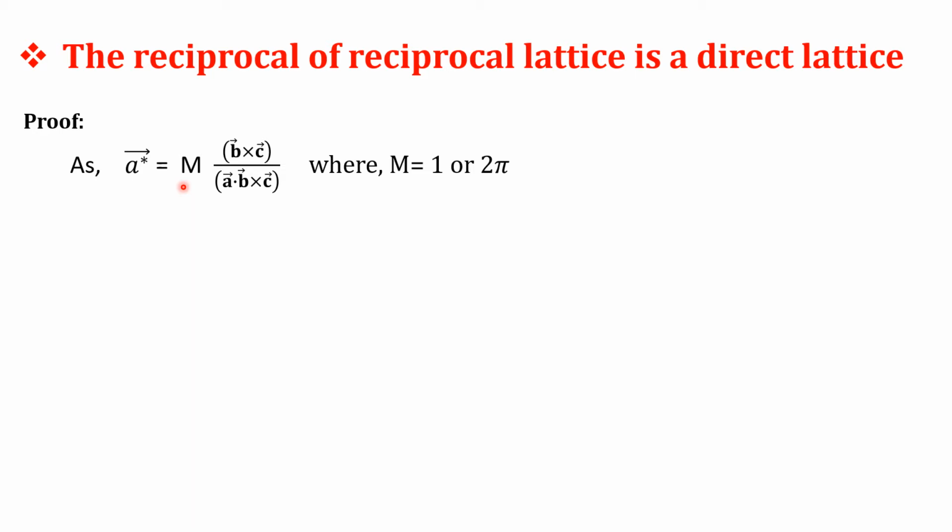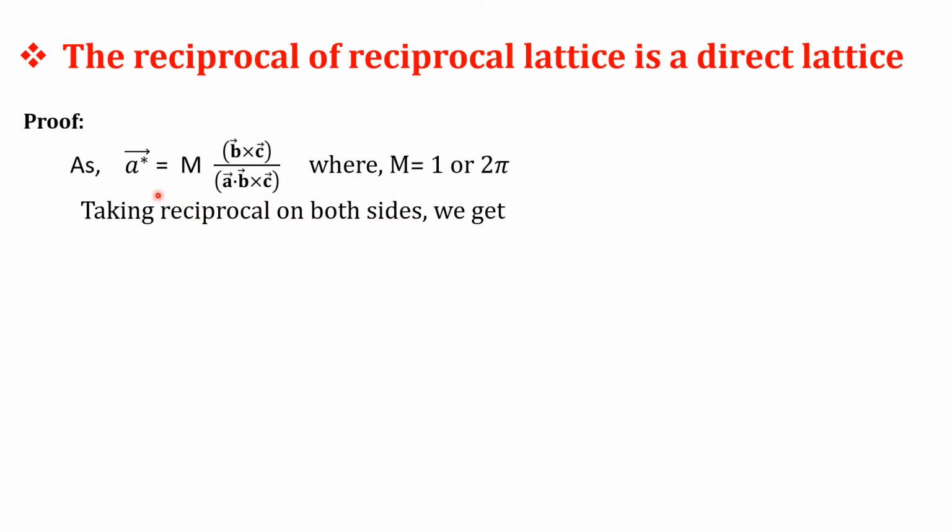That scale factor can take any value. We simply choose M equal to 1 for X-ray diffraction experiments, or in other cases we write 2 pi. Here we choose m equal to 1. Therefore, the vector A star is equal to B cross C divided by A dot B cross C.